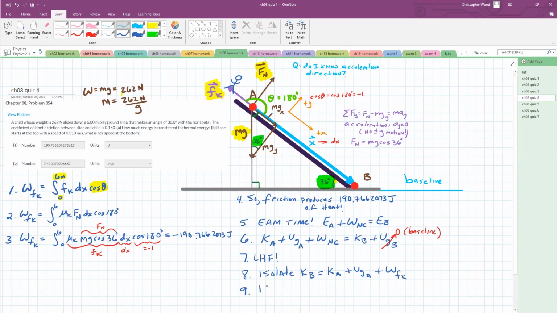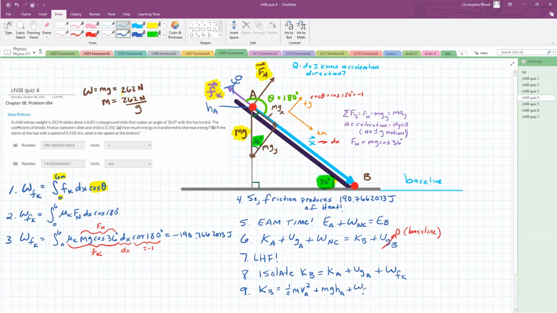Number 9, KB equals KA, which according to my problem statement is 1/2 mv_A squared. Subscripts are very important. Plus UGA, which is mgh_A. So I better indicate this is h_A right here. Plus friction, which I have sitting there.